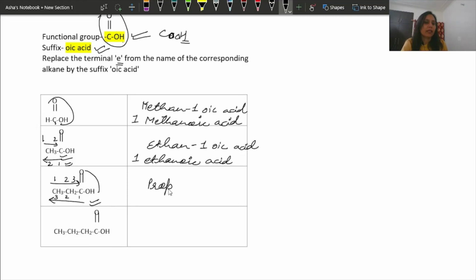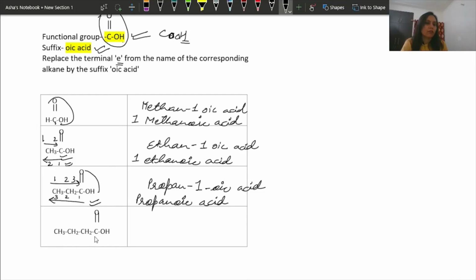It is an alkane because between carbon there are single bonds. So AN. Now E you are not going to write. You will be mentioning the position of the oic acid. So 1 oic acid. Or simply you can write propanoic acid. There is no need to mention 1. Propanoic acid, right? Here also you can remove this one.